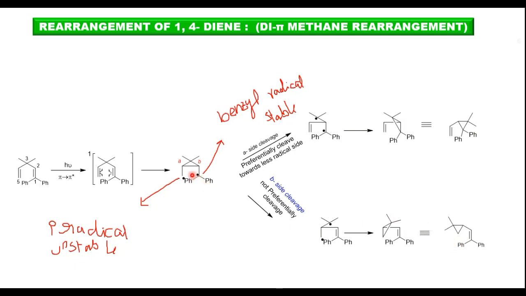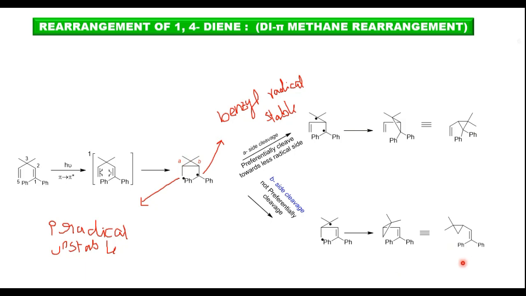After the cleavage, observe these two radicals. This radical is a stable benzyl radical, a stable tertiary radical, whereas this is an unstable primary radical. So comparatively, this one is more stable and that one is less stable. That's why you always cleave the bond towards the less stable radical side.